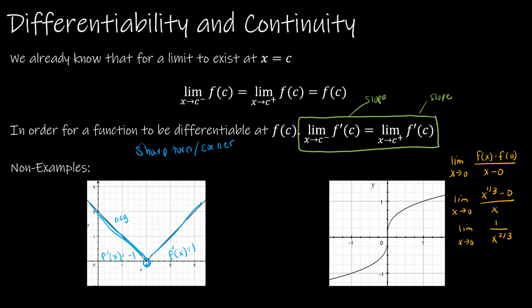Well, if I plug in a 0, or as I get closer and closer to 0, I end up with infinity. So the slope of the tangent line at 0 is infinity, and therefore that's not going to work because it's not differentiable at that point because you can't differentiate infinity.